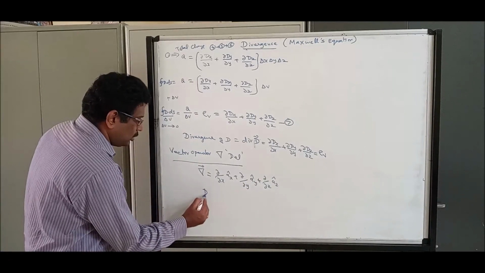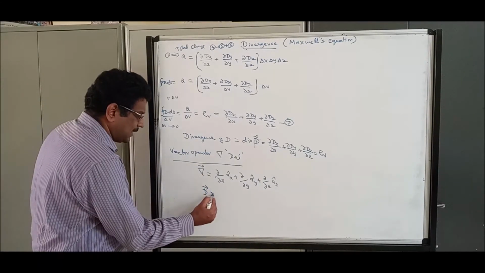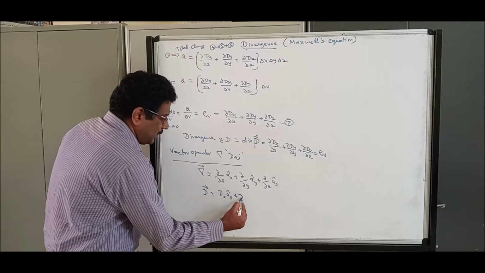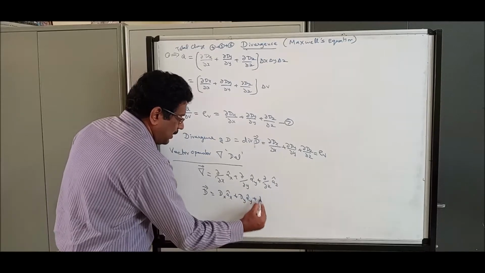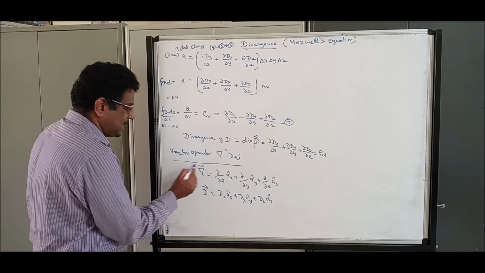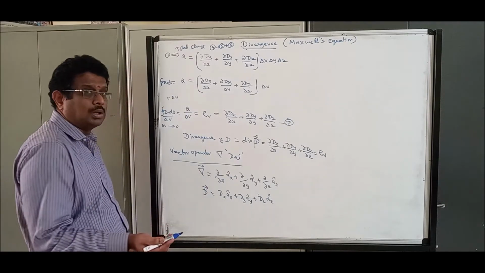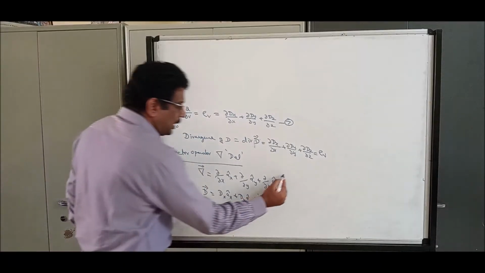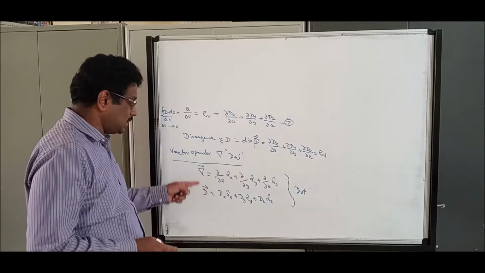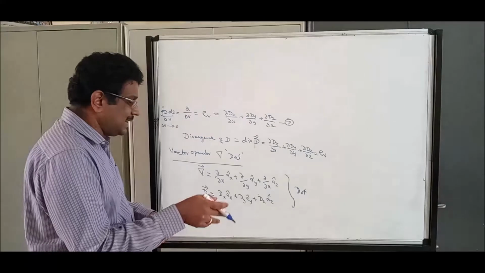And I also told, very long back, what is a D: it is a vector, which is Dx ax cap, Dy ay cap, Dz az cap. And please remember, my dear, both are vectors. If I do a dot product between these two, because dot product is between two vectors, the result is a scalar.